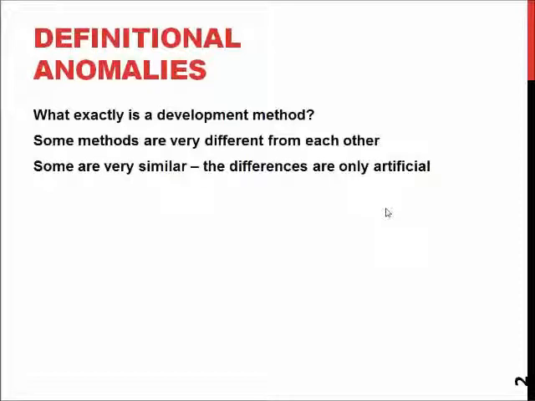So, considering that both say that they are process models, it's obvious that they can't be used in same scenarios because they are really different from each other. On the other hand, some approaches may be really close to each other, but simply call themselves something different or something new because they are sold as a commercial model or said to be really new thing that explains everything and solves all your problems.